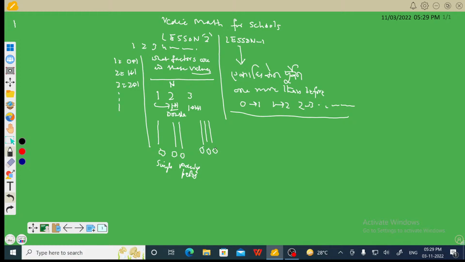But here when we are having 4, it gives us 4 pebbles, but at the same time it permits us to have a regrouping as 2 groups of 2 pebbles each.